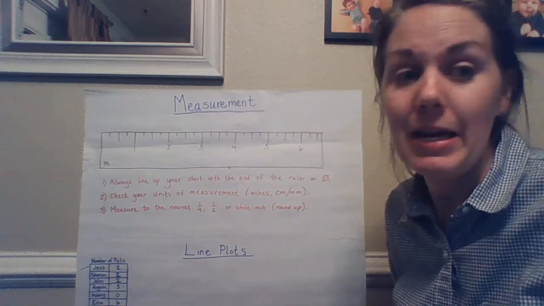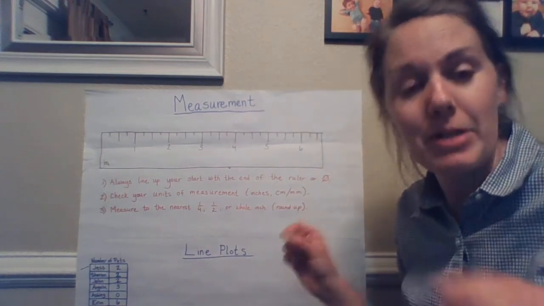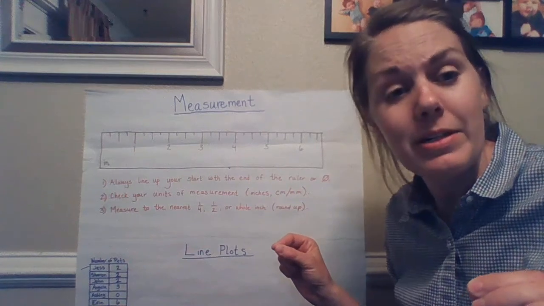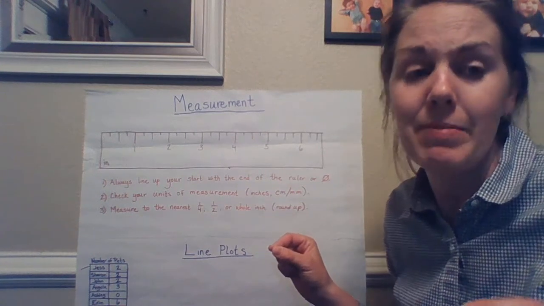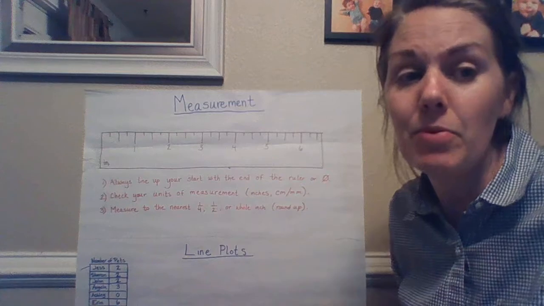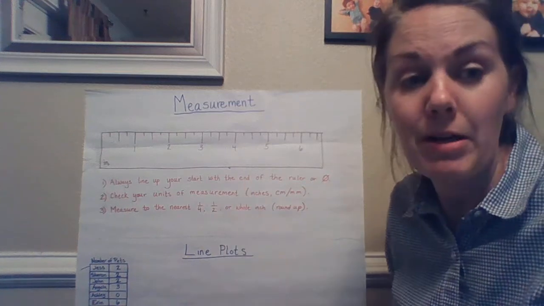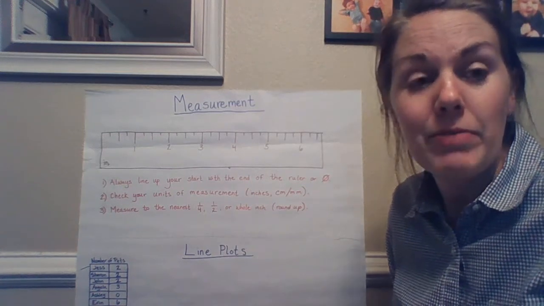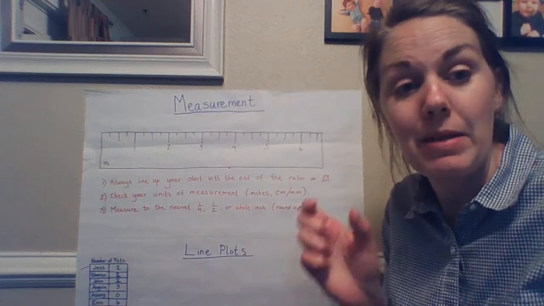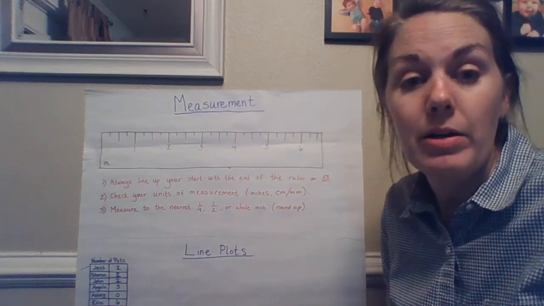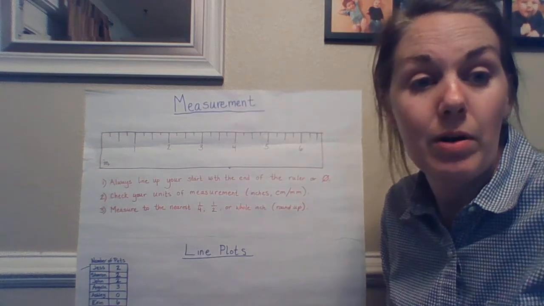How many times, I can't tell you, I have gone to measure something with my ruler only to discover that I'm measuring it with centimeters and I meant to measure it in inches. So it is important. Your units of measurement are really important. And we've talked a little bit about how important keeping the label is on whatever you are writing.